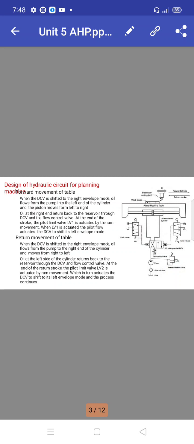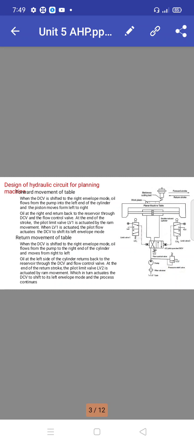This is the major reason we prefer the hydraulic circuit for the planing mechanism. It is entirely different compared with other machining systems or mechanisms used in machines. The forward stroke is the nominal one, and the return stroke is somewhat faster, that is, rapid. Because it is an idle stroke, we need not take much time to come back to its original position.